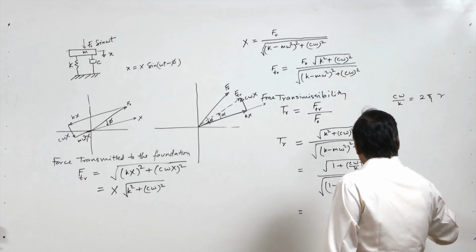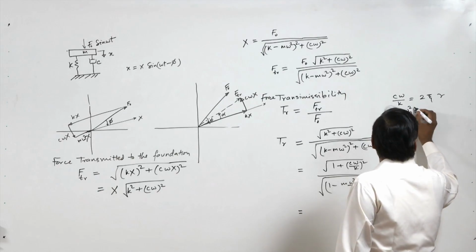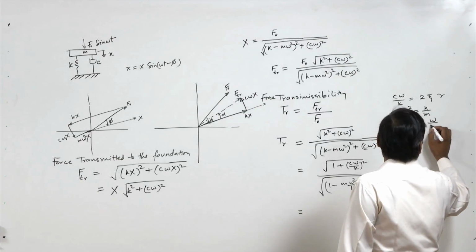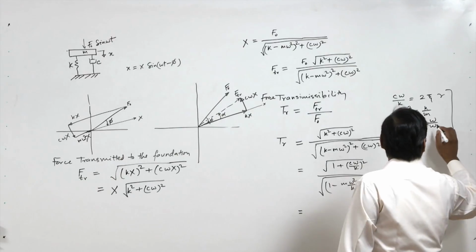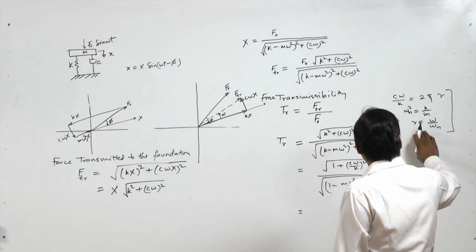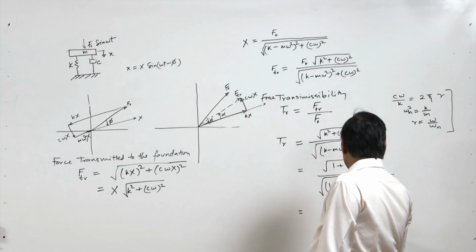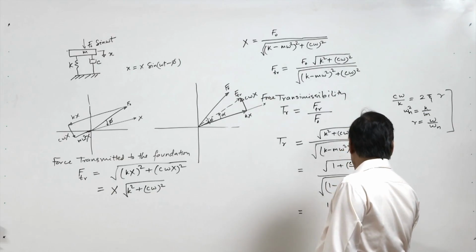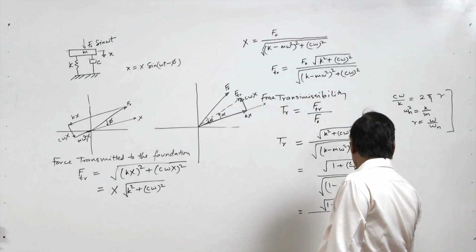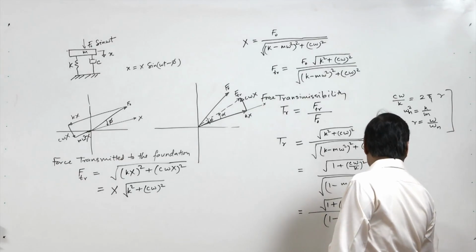Okay. And omega n square is k by m, and r equals omega by omega n, and these things we know. So always we try to finalize our formula in terms of these parameters. So we have under root 1 plus (2 zeta r) whole square upon under root (1 minus r square) whole square plus (2 zeta r) whole square.